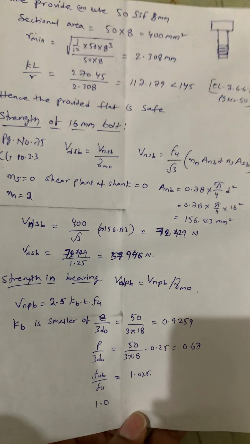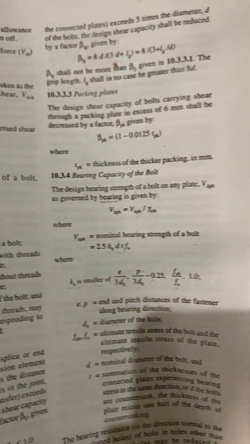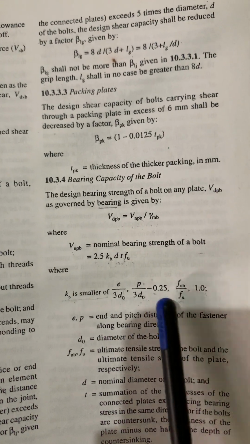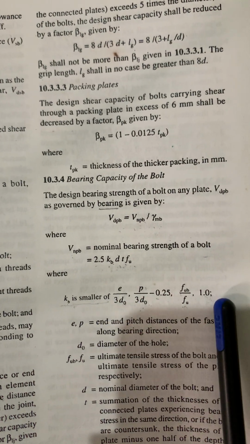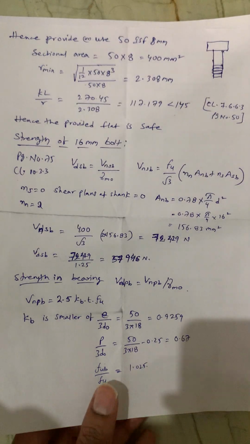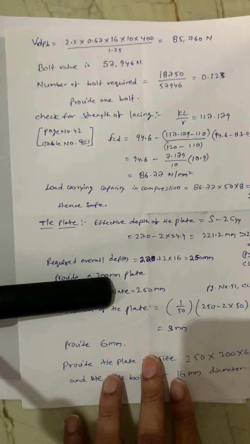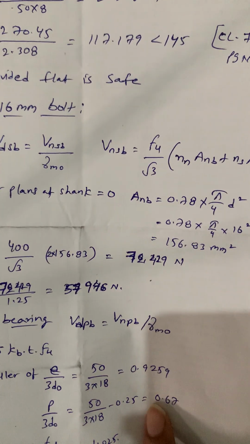All these are given by the code book. I will show you here. All these values: e by 3 d naught, p by 3 d naught minus 0.25, fub by fu, and 1. By solving all these values, whichever is the smallest, we have to consider that value. So I'm considering the smallest value, which is 0.67, this one.